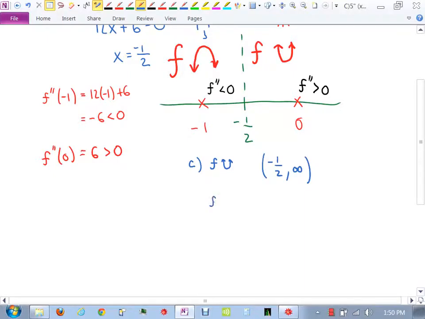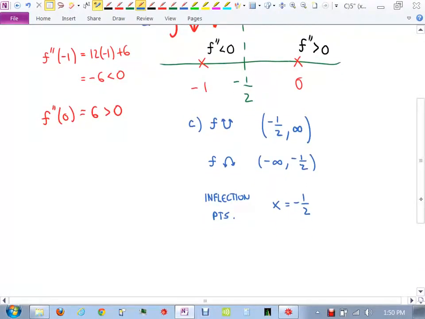Where is the original function frowning? Negative infinity to negative 1/2, right? Where are there inflection points? There's only one, right? x equals negative 1/2.